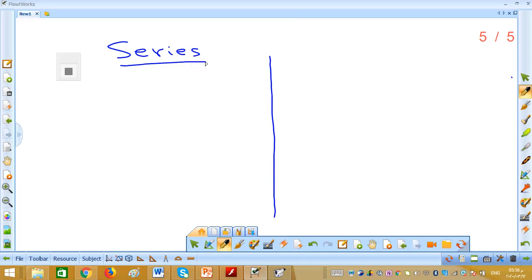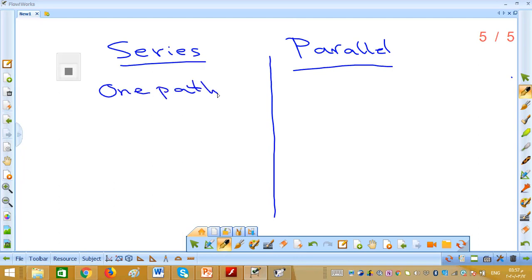And the second one, we call it parallel circuits. The main idea here, with series we have only one path, and here we have several paths.